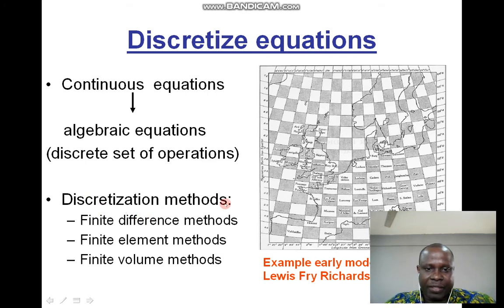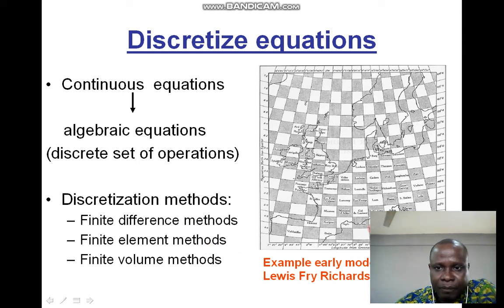There are various discretization methods like the finite difference method, the finite element, and the finite volume methods that are often used. The finite difference is probably the most popular. These are things you learn in various classes, upper-level undergraduate and then graduate-level courses, where you study some of these methods of discretization.